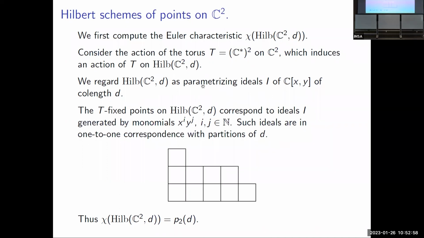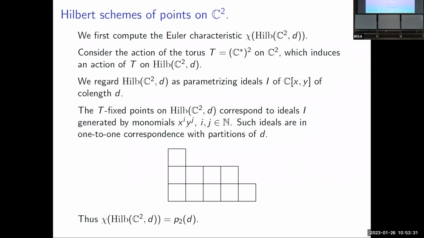The invariant ideals correspond to ideals generated by monomials x^i y^j, and there is a correspondence between such ideals of co-length D and partitions of D. What you do is, in the first quadrant, you take the complement of all pairs (i,j) such that x^i y^j is in your given ideal. The complement in the first quadrant is a shape like that, which corresponds to a partition of D.